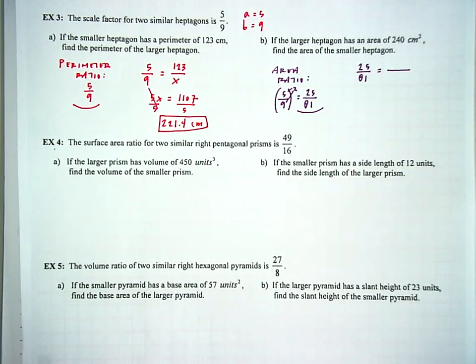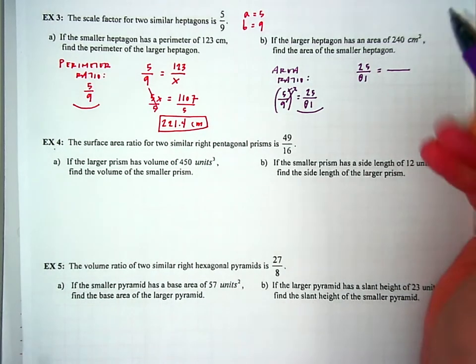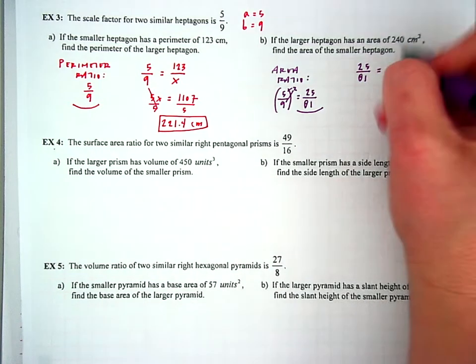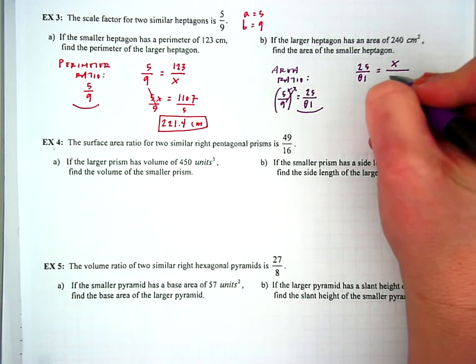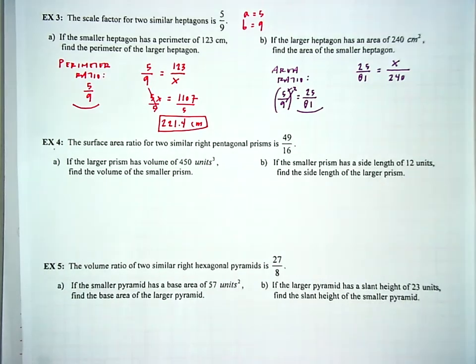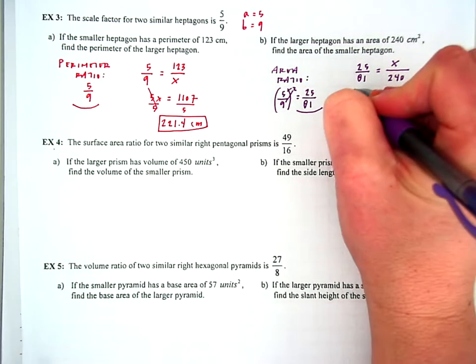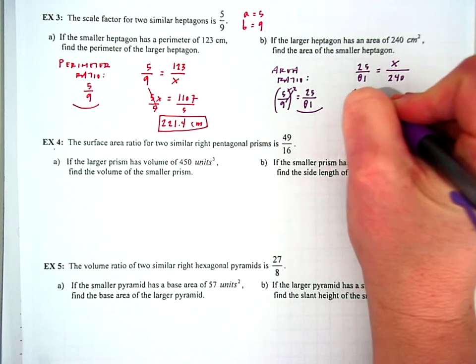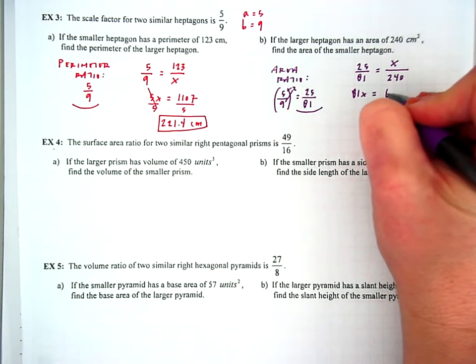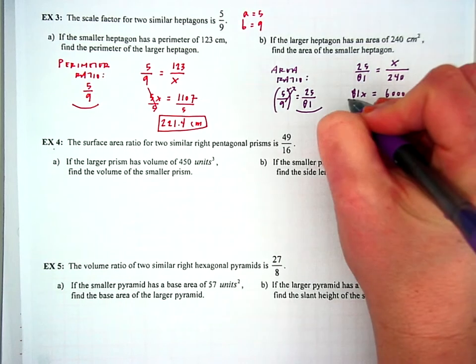So there's my area ratio that I need to build off of to make my proportion to solve. So I know that 25 over 81 is equal to... in this case, my large heptagon has an area of 240. So I have it stacked as small to large, so it has to be consistent over here, small to large. So I'm solving for the small. I know the large. So x over 240.